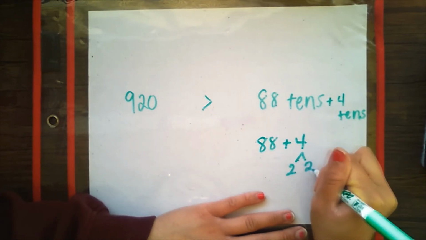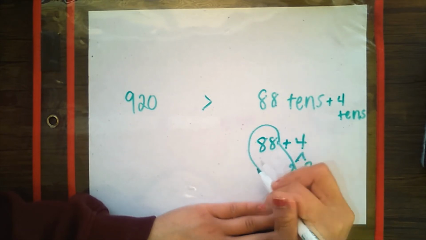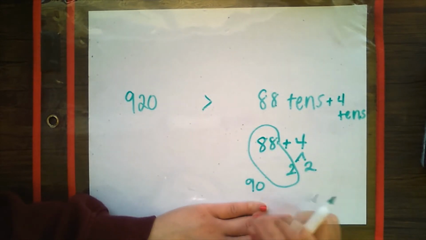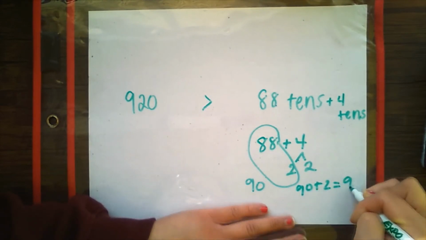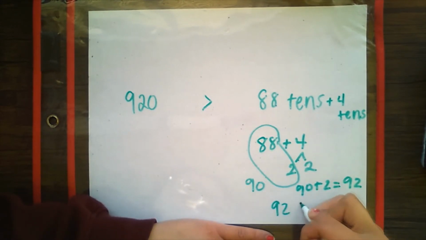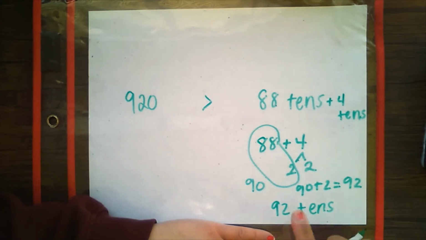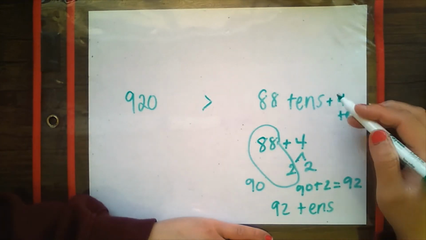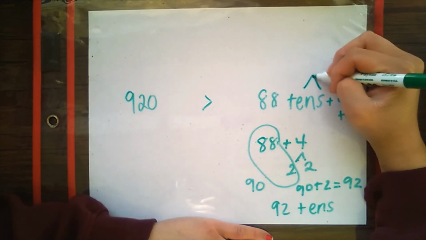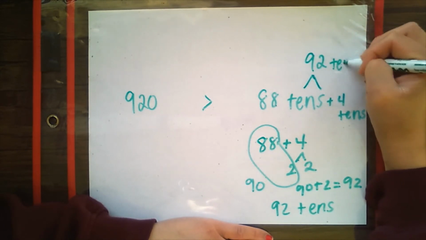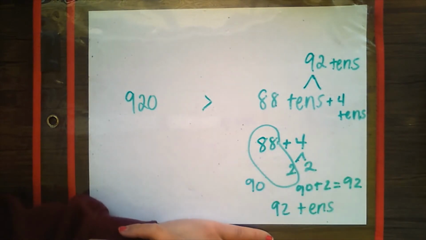We can break it up and make 88 and 2 to 90. We have a 2 left over, so 90 plus 2 equals 92. That gives me 92 tens because that's our unit. So now this has changed to 92 tens. Once we added the 4 tens, it became 92 tens.